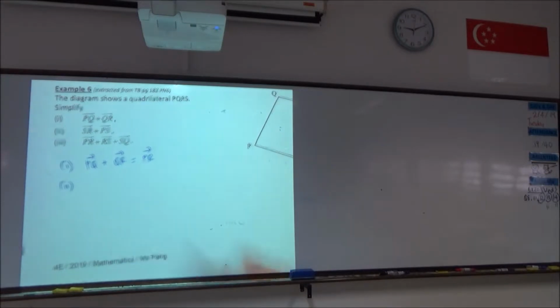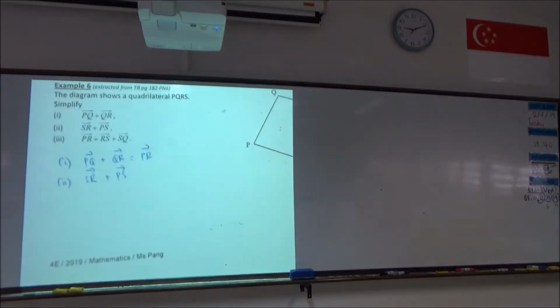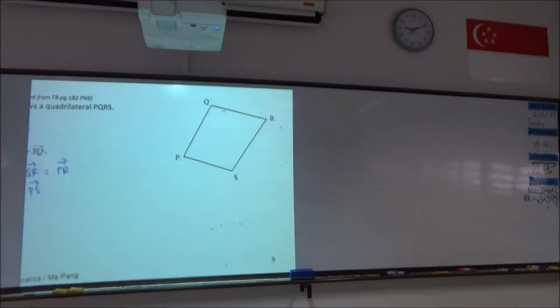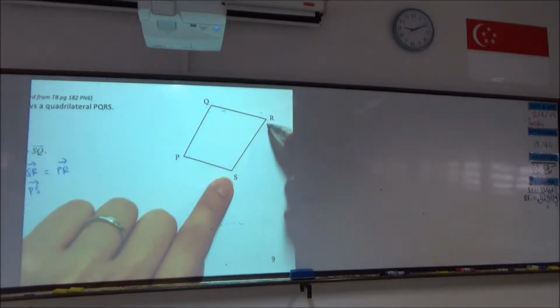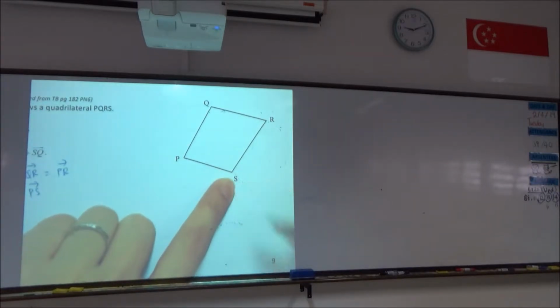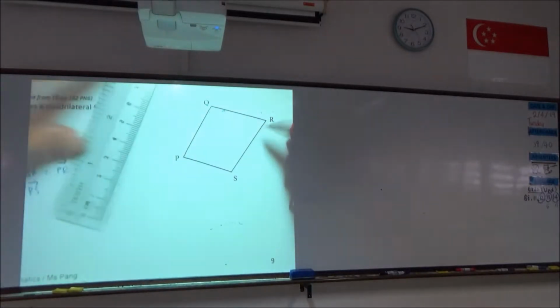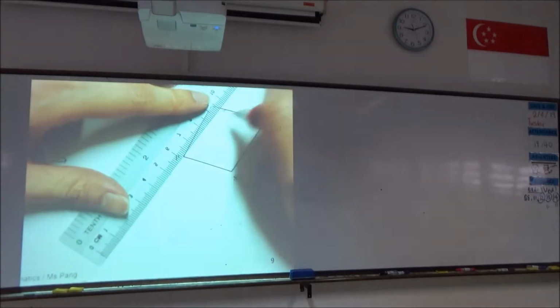Now what if I have SR plus PS? Looking at the diagram itself, SR refers to this one, and PS refers to this. If I go ahead and draw a parallelogram out of this, let me do a quick sketch now.